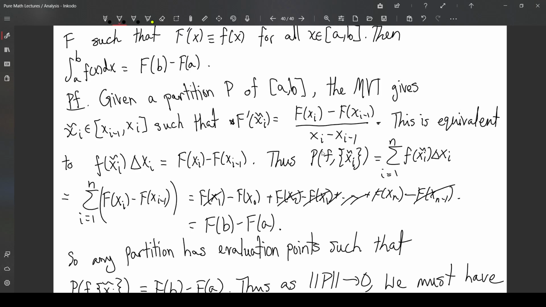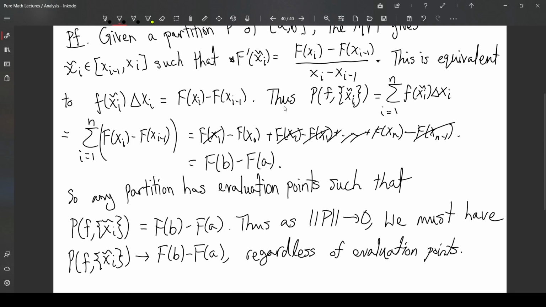Since your intervals are shrinking and shrinking, you always have to have one of those evaluation points. It may not be true for every evaluation point, but it's going to become closer and closer as your intervals get smaller and smaller.